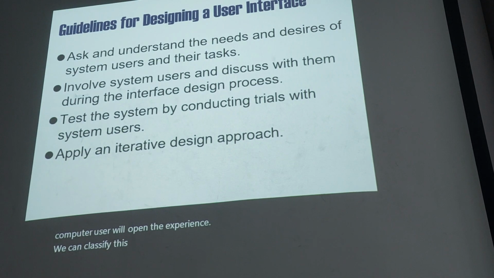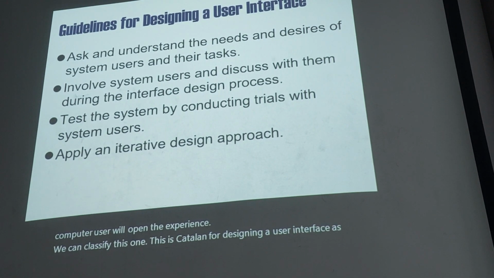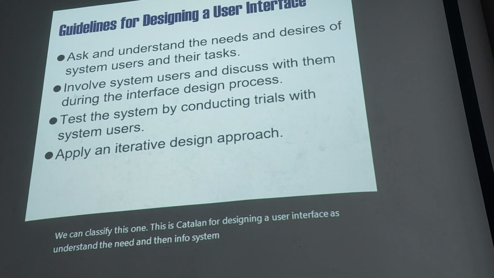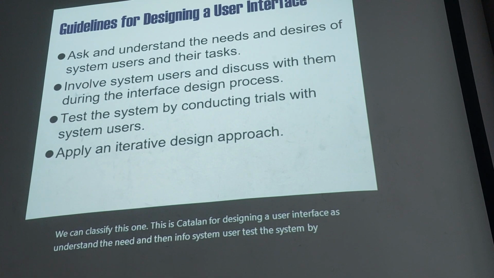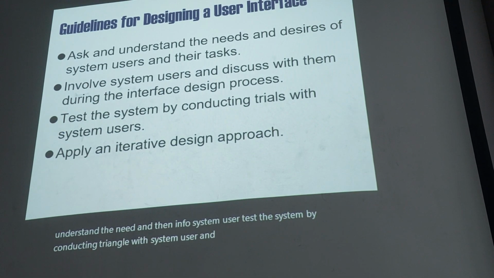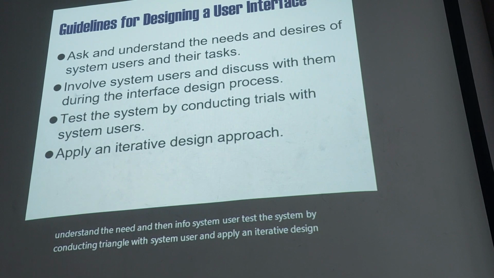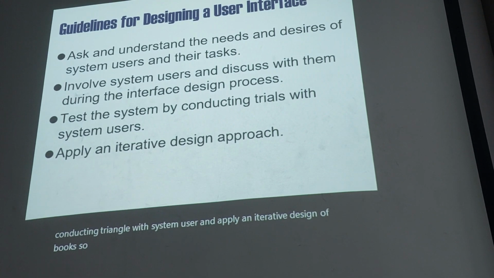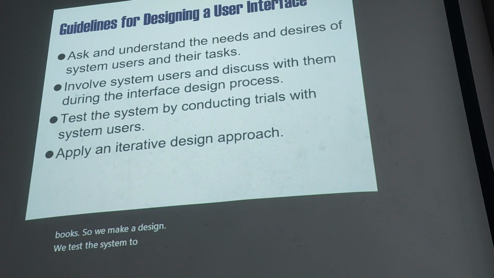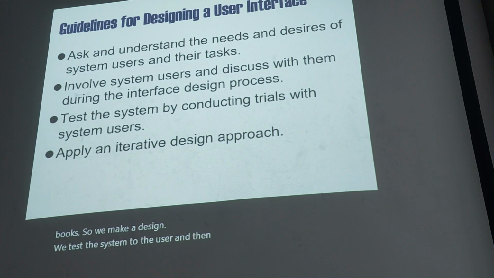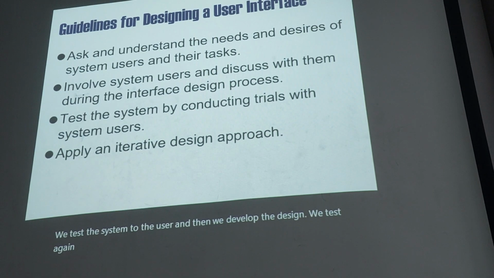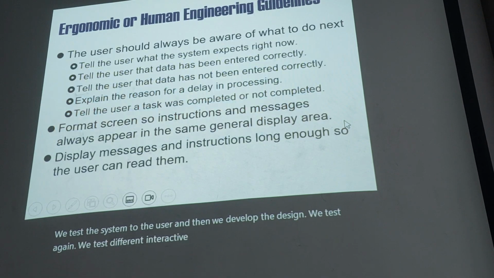This is the guideline for designing a user interface. Understand the need and involve the system user. Test the system by conducting trials with system users and apply an iterative design approach. We make a design, test the system with the user, and then develop the design. We test again and develop again, an iterative design approach.